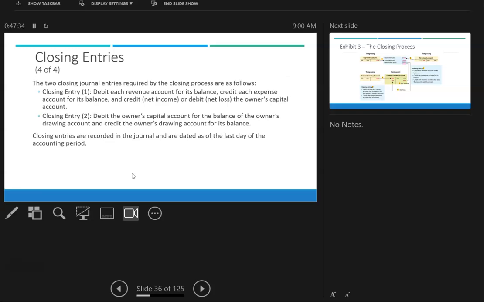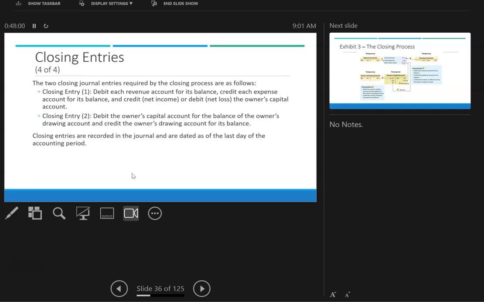Two closing journal entries we need to do. Revenues have a normal credit balance. To zero them out, we will debit each of those revenue accounts, and we will credit the owner's capital account for those revenues to flow in there.